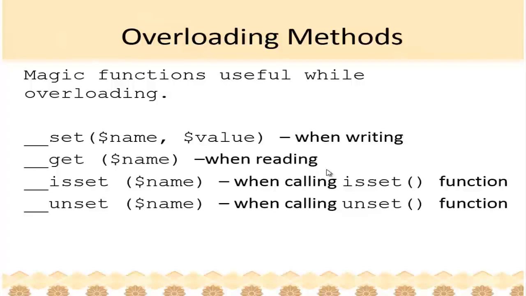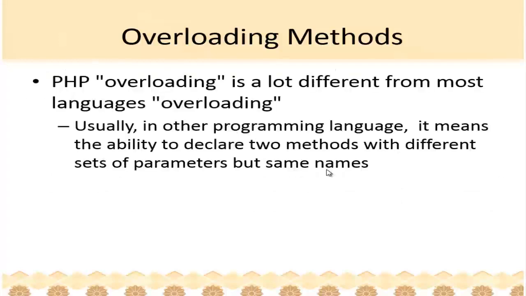This is used to verify whether that particular variable exists or not. We use the set method to automatically create a property, and because you can use it to create any property, you can cross verify whether a particular property exists or not.